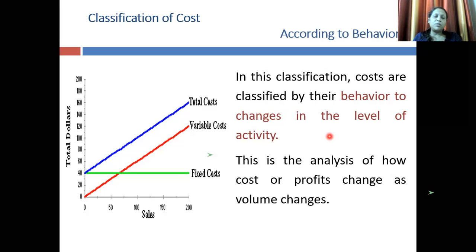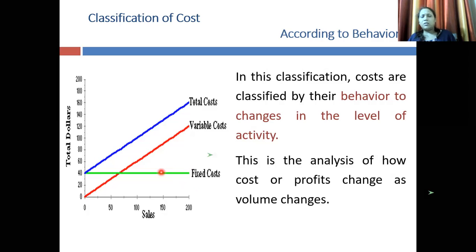Now, variable cost is the red line showing the variable cost. Variable cost is increasing in nature, passing through origin. If sales increases, variable cost increases, whereas if sales increases, fixed cost decreases. Actually, fixed cost means the salaries of permanent employees, the machinery purchased in the factory that is used for roughly 15 to 20 years.